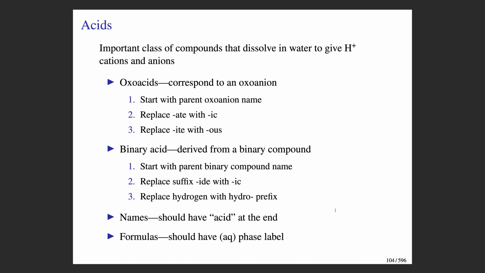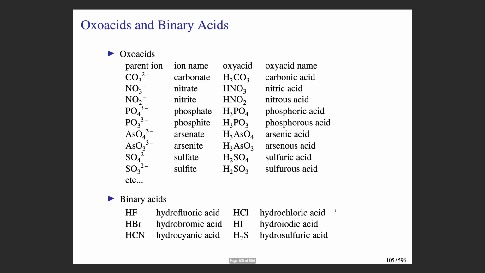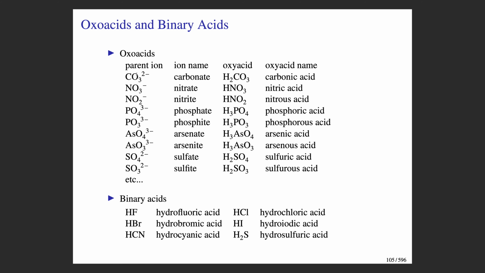Let's see, I want to check the next slide here to see if I've got, yes. And so here are examples of doing that. So here I've got various oxoanions that we had from the sheet of common ions. For example, carbonate. How you form the corresponding acid is you add protons to the carbonate ion, so it becomes H2CO3.